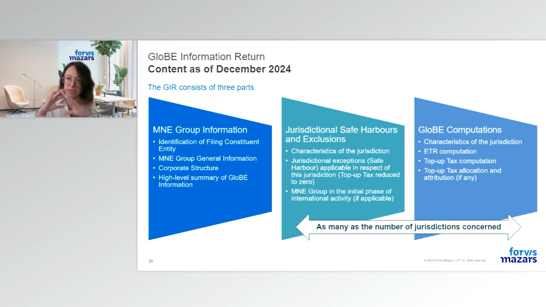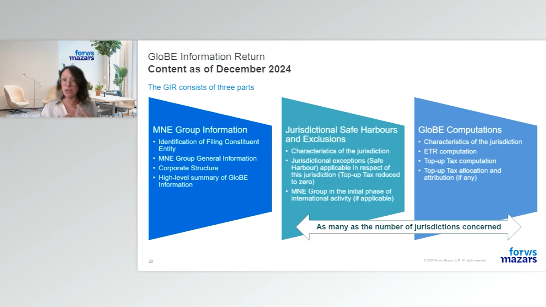So the first part is general information, which includes details on the reporting entity, the reporting fiscal year, the financial accounting used, the currency, also the corporate structure, so the identification of the UPE, the constituent entities, the members of the JV groups, and identification also of the excluded entities. And what is interesting is the high-level summary of GloBE information that should be performed jurisdiction by jurisdiction.